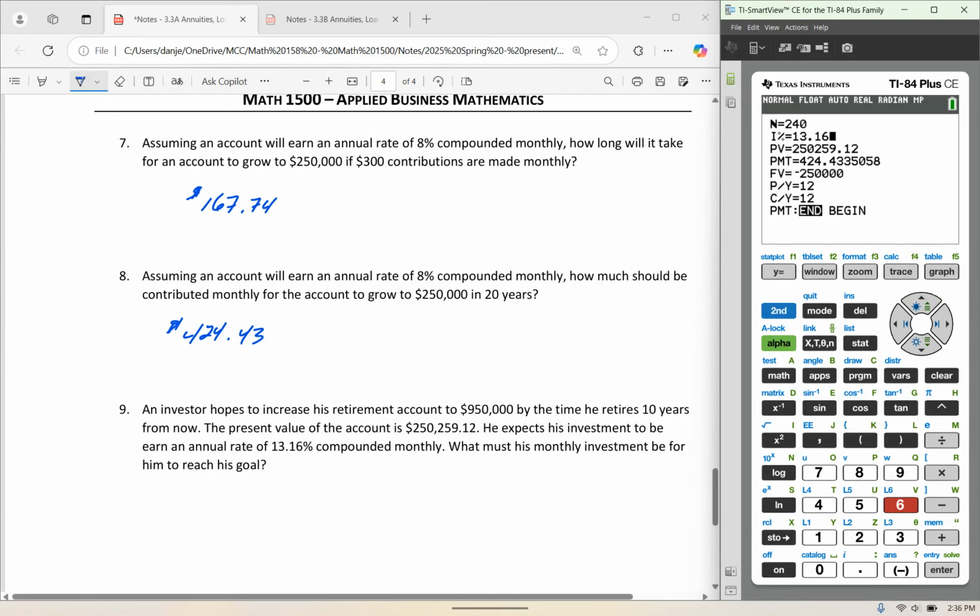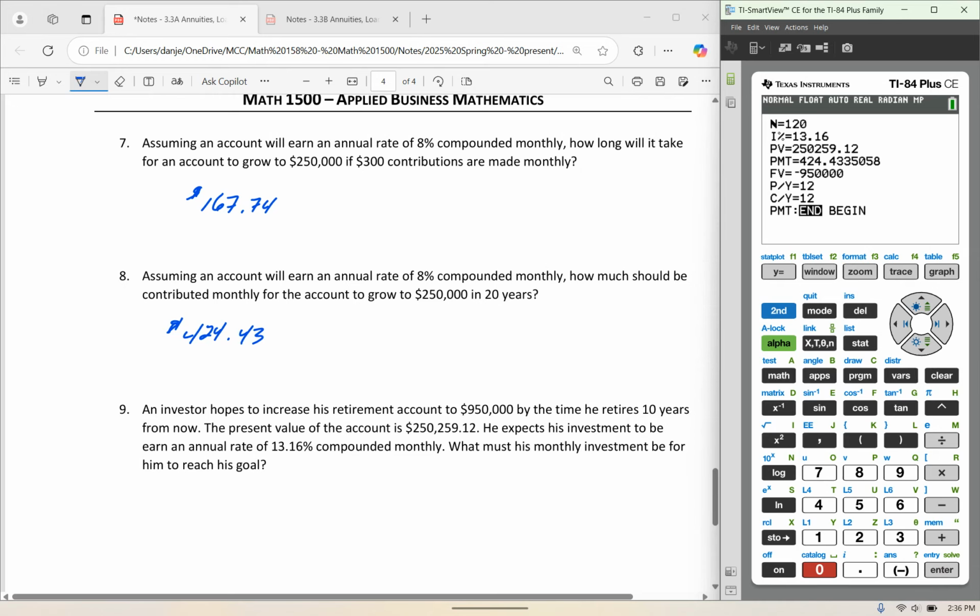Clearly, he's not in a savings account. He is in some pretty aggressive investment account, however, and those can be found. Interest is compounded monthly. Now, he wants this investment that's currently worth $250,000 to be worth $950,000 in 10 years.